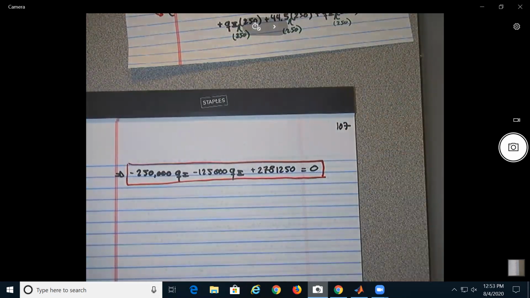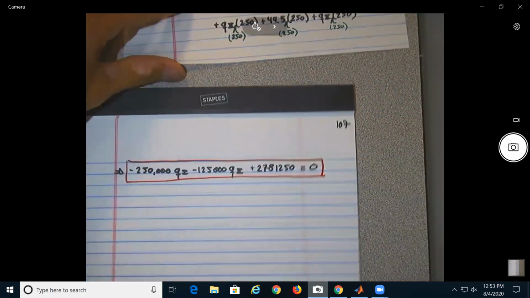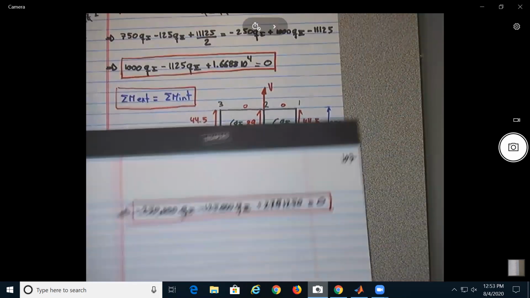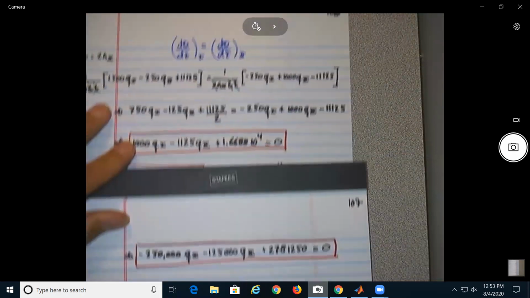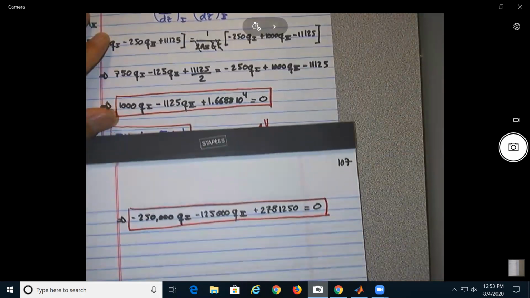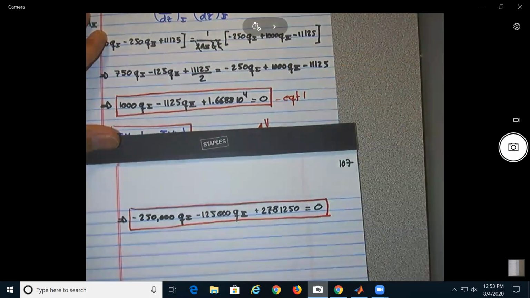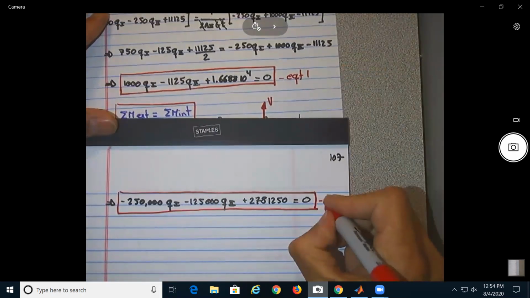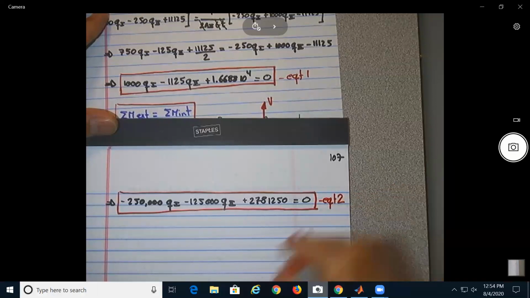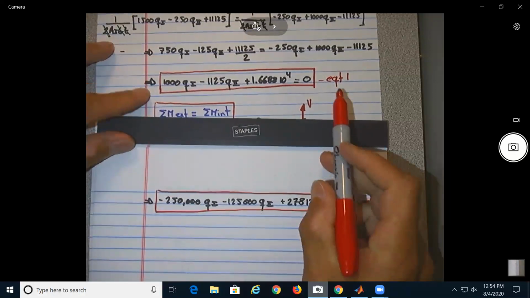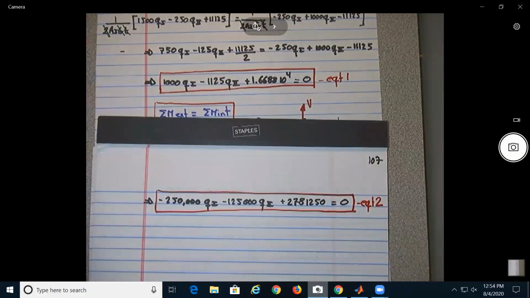Okay, so what does that mean? That means that from the previous part, we had this equation by doing the same angle of twist. This will be our equation 1. And now we found our equation 2. So that means that we have two equations with two unknowns, Q1 and Q2.